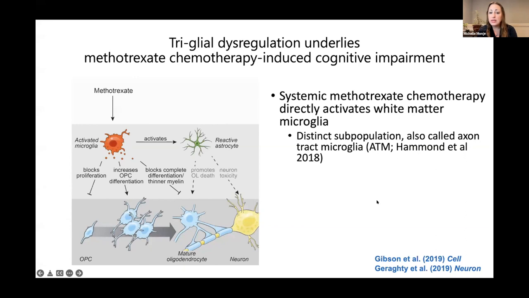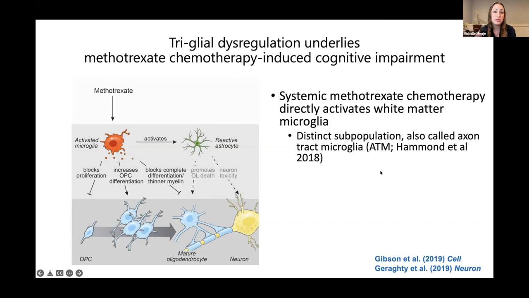So what's really interesting is that systemic methotrexate chemotherapy directly activates specifically white matter microglia. Methotrexate given to a mouse, for example, evokes a very, very particular pattern of white matter selective microglial reactivity. And that makes some sense based on the really elegant work from the Stevens lab and others that has defined a subpopulation of microglia called axon tract microglia.